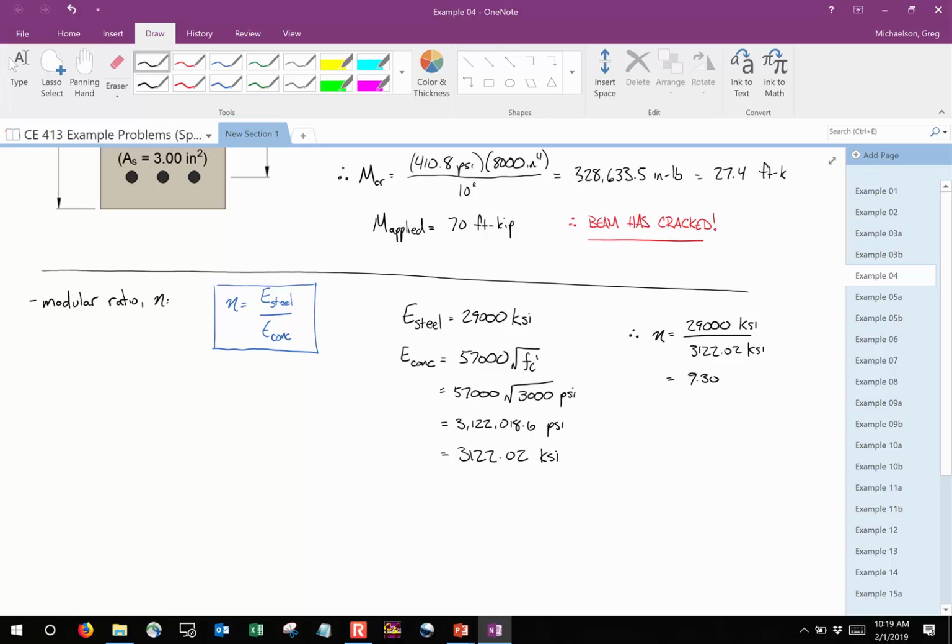So for our purposes for this problem, I'm going to take N to be 9. Okay? So we're going to take N to be 9. Okay. Everybody with me?